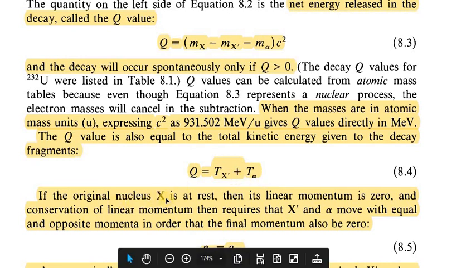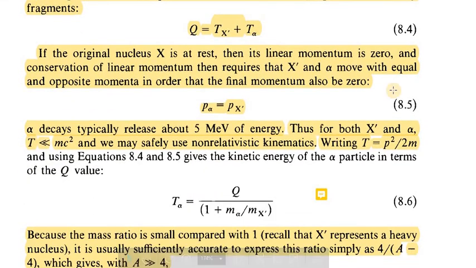If the original nucleus X is at rest, then its linear momentum is 0. And conservation of linear momentum then requires that X prime and alpha move with equal and opposite momenta in order that the final momentum also be 0. That means P_alpha equal to P_X'.